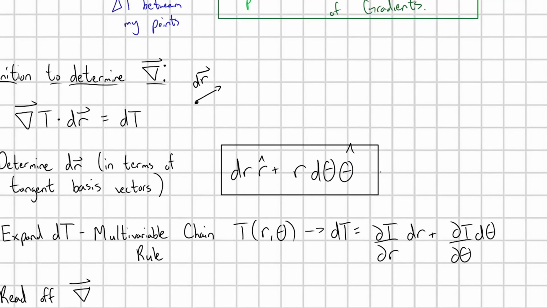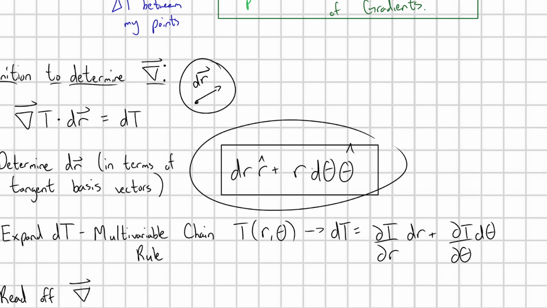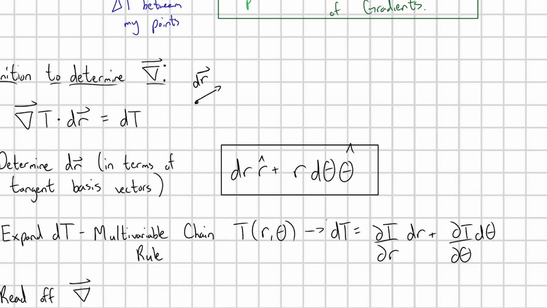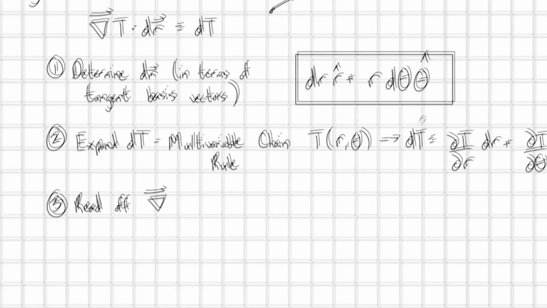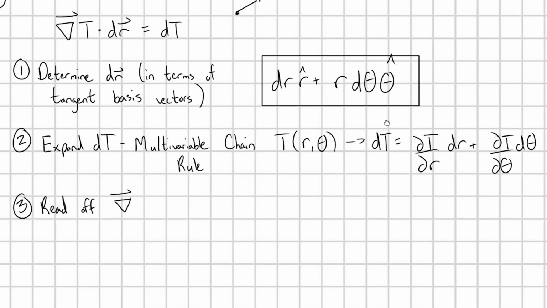But moving in some direction dr is not the same as just changing r and changing theta some amount, because the dr vector is a slightly more complex, nuanced form of my coordinates.